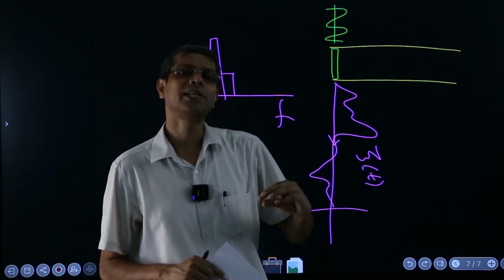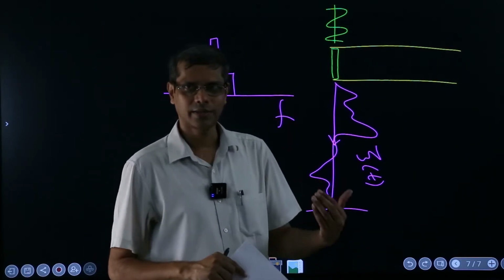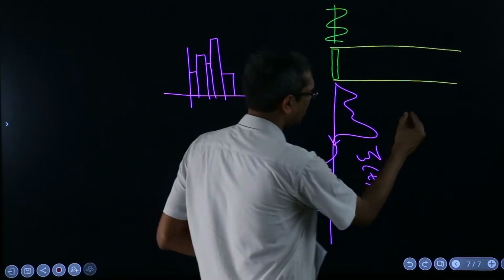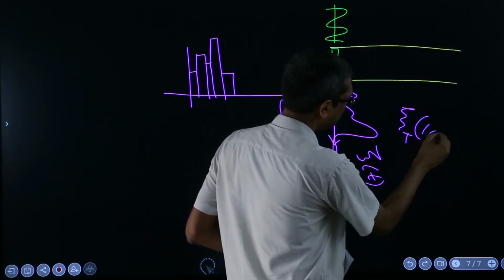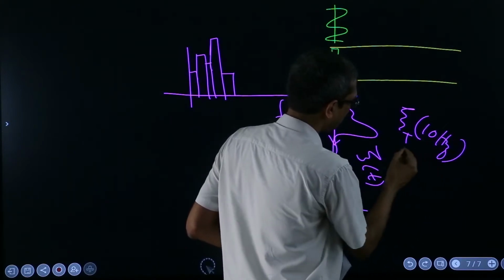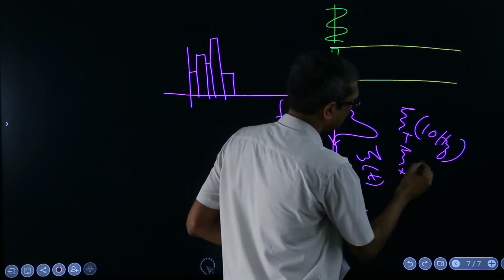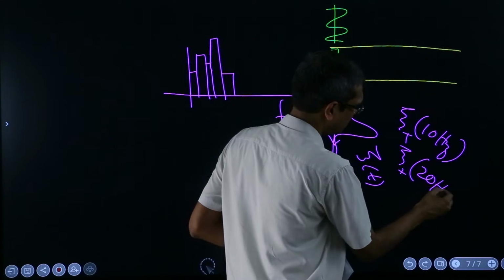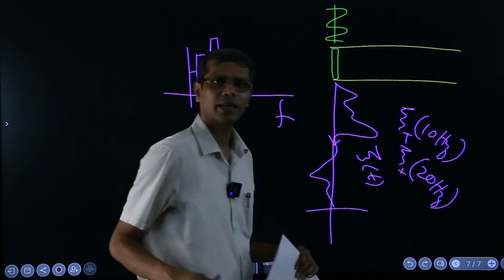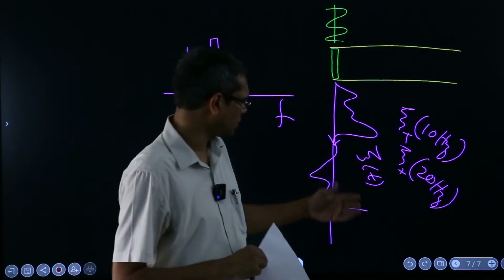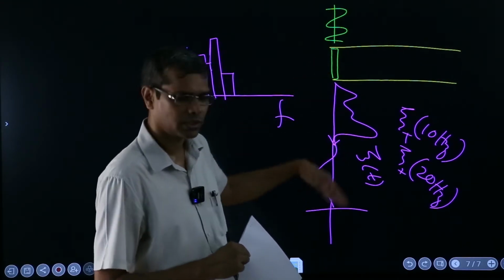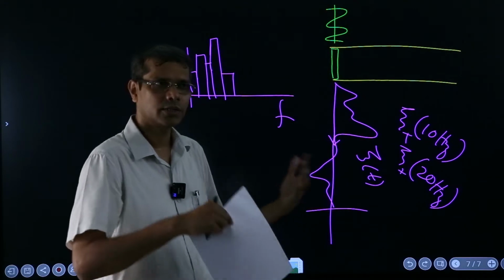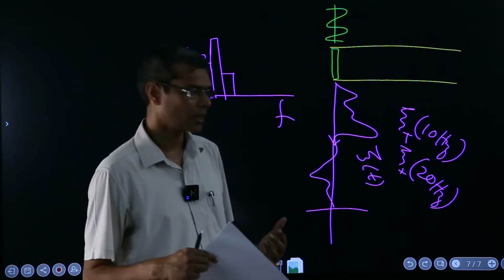Those amplitudes are squared again, so they are say xi plus at 10 hertz, then xi plus at 20 hertz, and so on. Suppose this corresponds to 10 hertz, then 20 hertz, 30 hertz, you will get it.